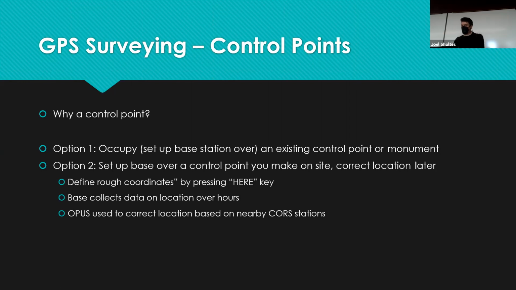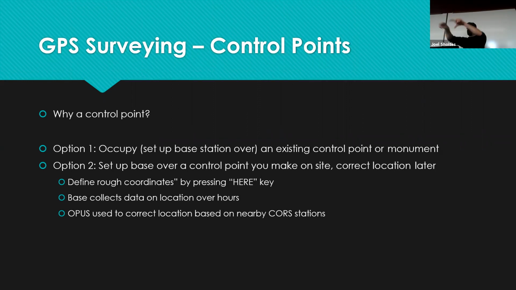We name it. We usually name it 100 if we have one control point. And if we don't know where it is based on a previous survey, then we press the here key in our Trimble unit, and it will give you a very rough XYZ location. Then the base station sets up over that point for many hours. To get a really good control point, you need at least about 6 to 8 hours. And every second it's getting XYZ, XYZ, XYZ.